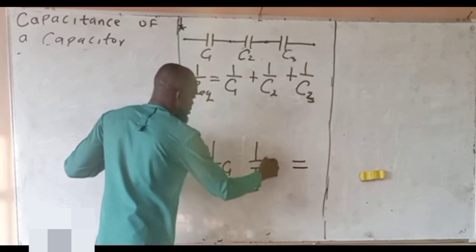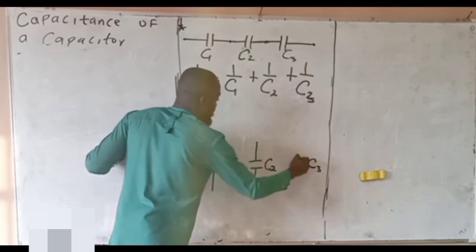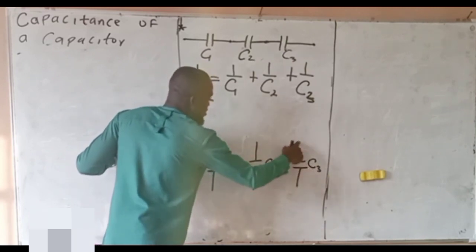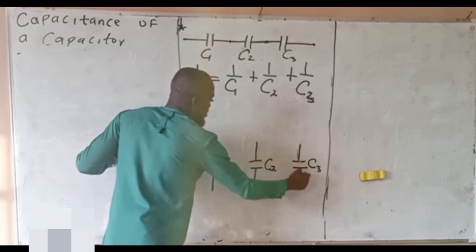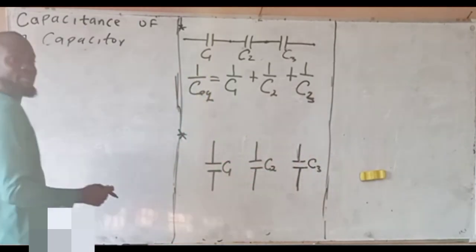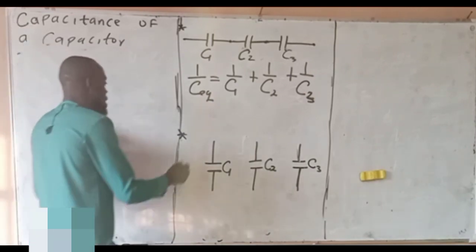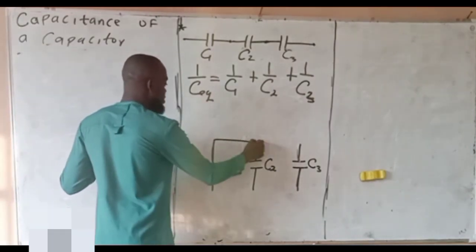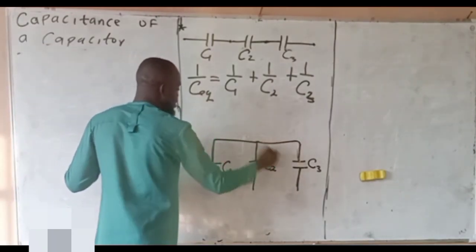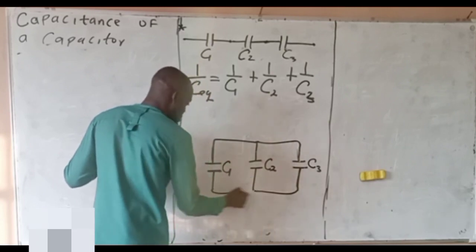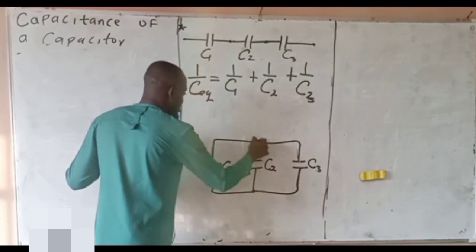This is C1, this is C2, this is C3. We want to combine them now in another way. I can connect this with this, this with this, and connect it here, connect it here.